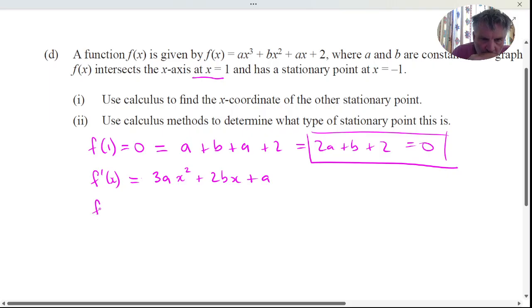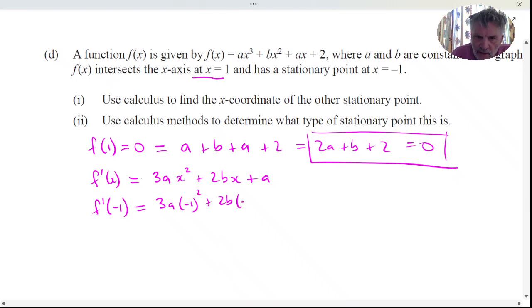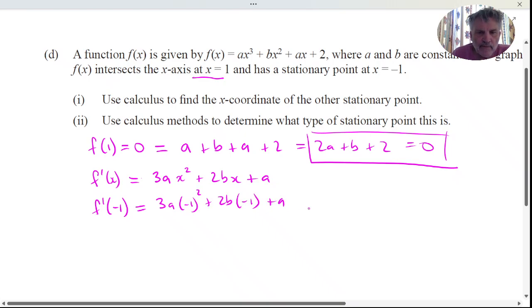And we're told that the derivative at x equals negative 1, 3a times negative 1 squared plus 2b times negative 1 plus a, is 0. Negative 1 squared is 1, so that's 3a. I've got another a over here, so that's going to be 4a, and this is going to be minus 2b equals 0.